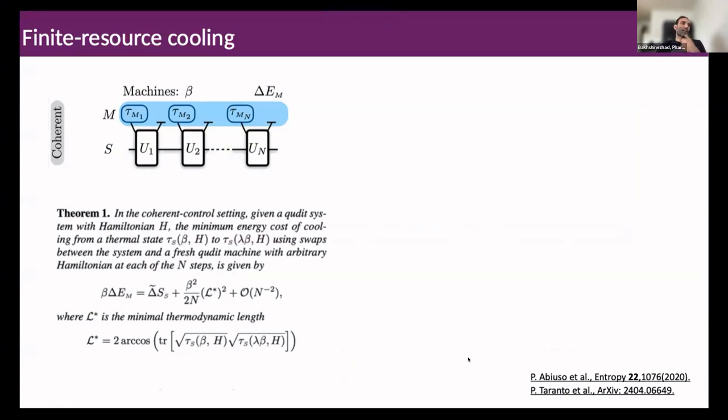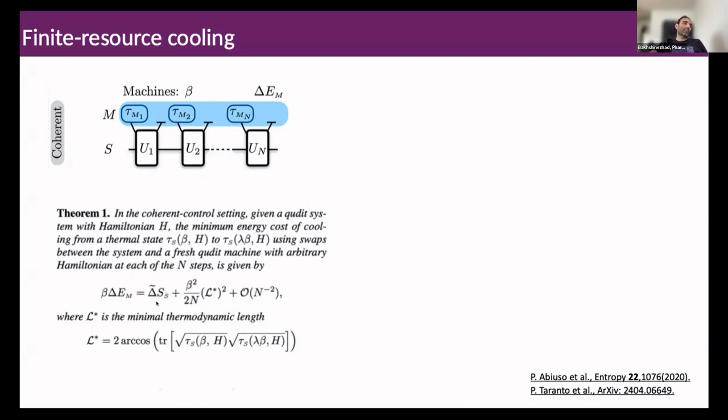We want to cool from a thermal state with temperature T to another thermal state with a colder temperature, with inverse temperature lambda beta. If we had an infinite energy gap structure, then we would just have this Landauer cost. You can reach this one.